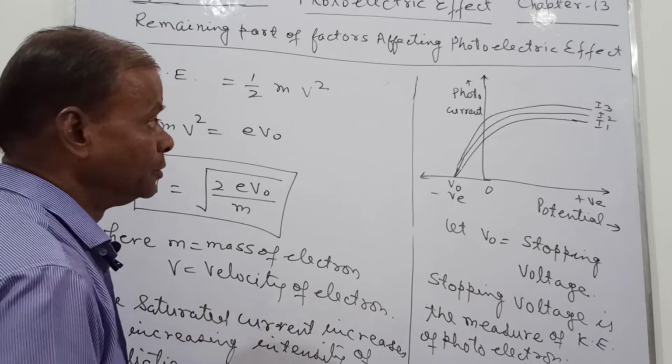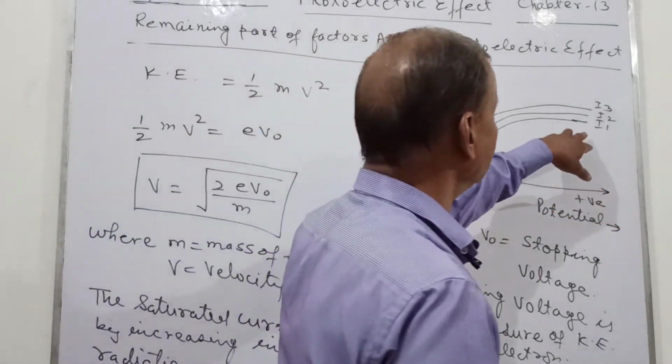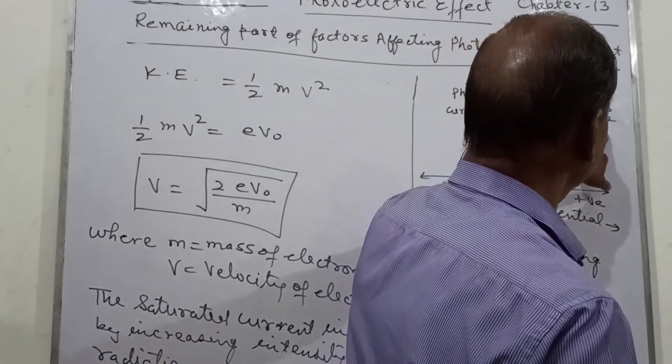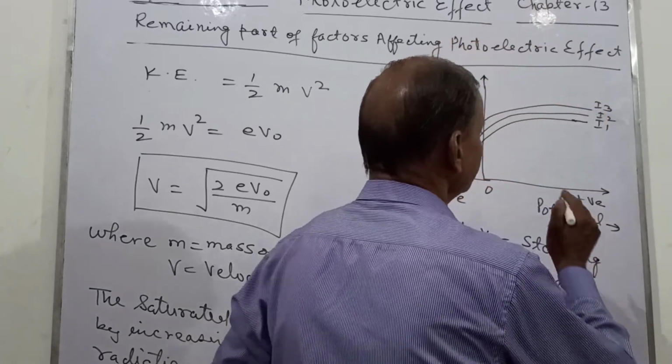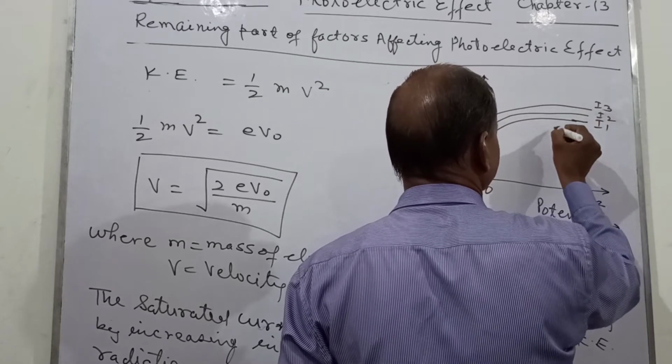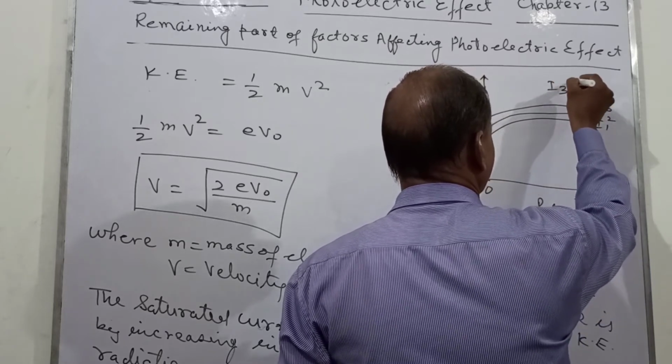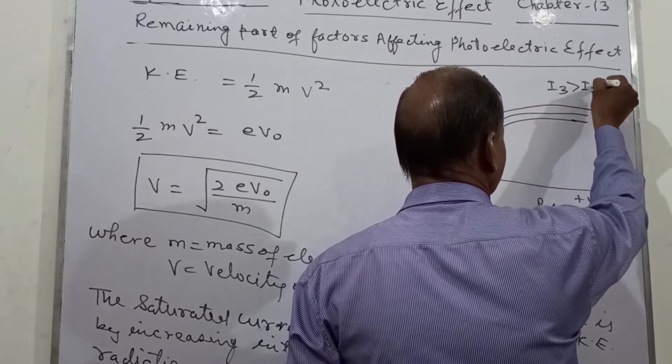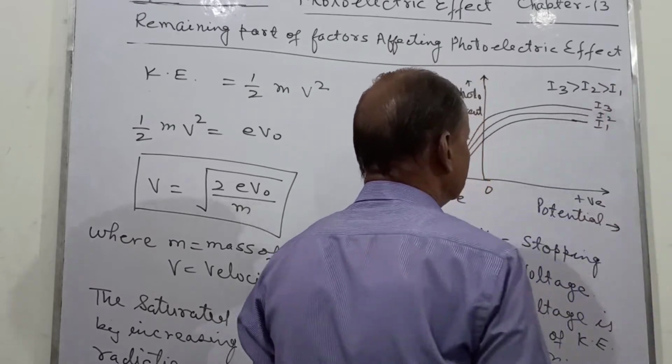Here we see that the value of I3 is greater than I2, and I2 is greater than I1. So I3 is the maximum here: I3 greater than I2 and greater than I1.